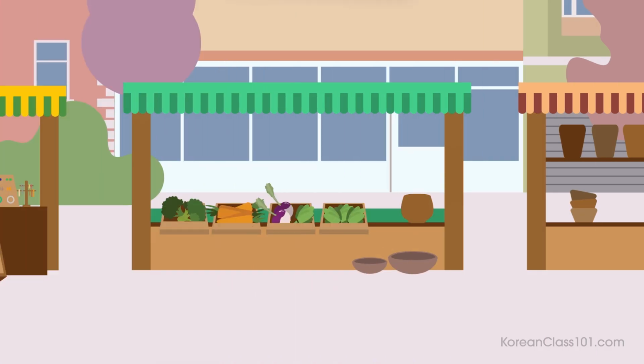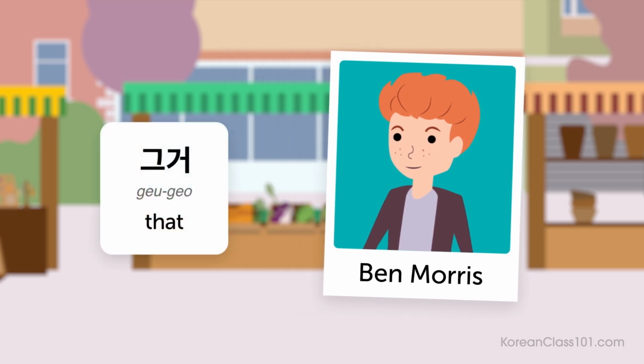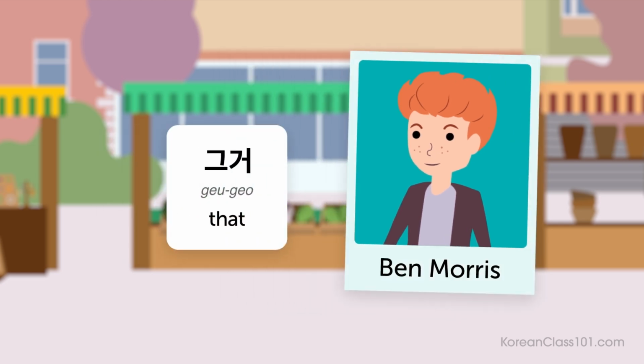Let's practice. Imagine you're Ben, and you're at a farmer's market, where many items have no price tag. You'd like to try a snack close to the listener. Ask the price using the word for that.